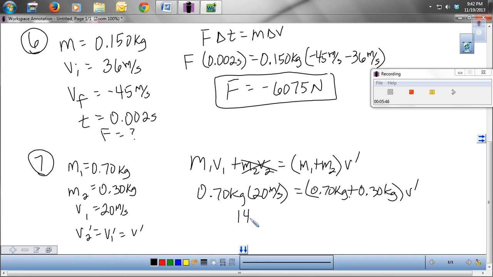So I have 14 kilogram meters per second on this side. It's going to divide by 1 kilogram coming over from the right-hand side. So V prime is 14 meters per second.